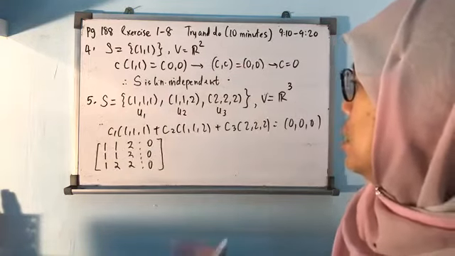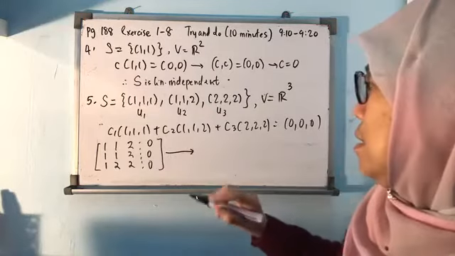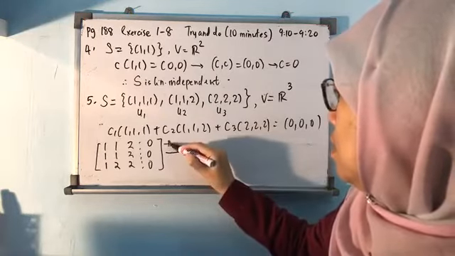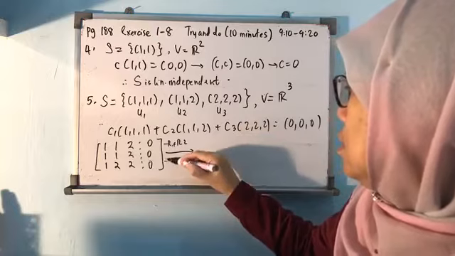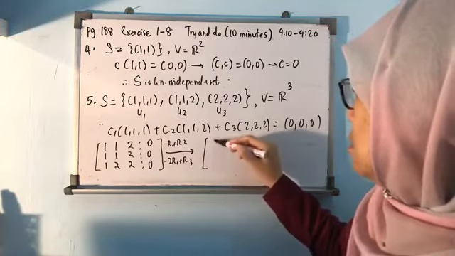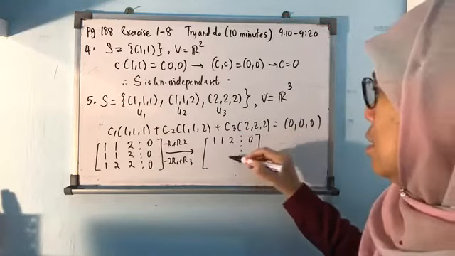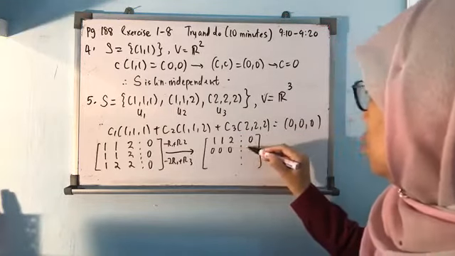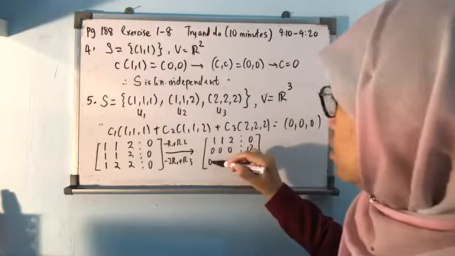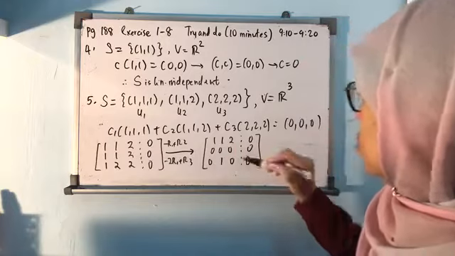So this one, you can do negative R1 plus R2, negative 2R1 plus R3. It's a bit longer, earlier the shortcut was very short. You get 0 0 0 0, then you get 0 1 0 0.